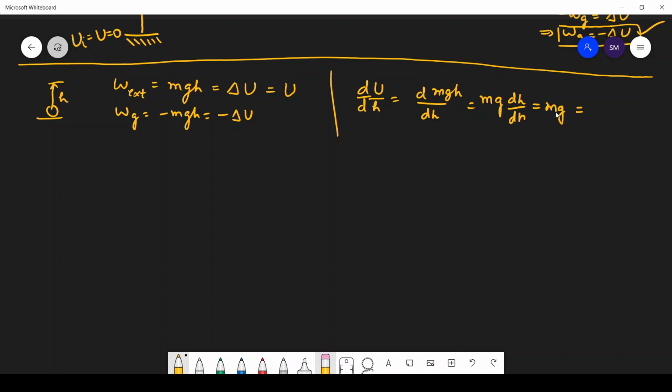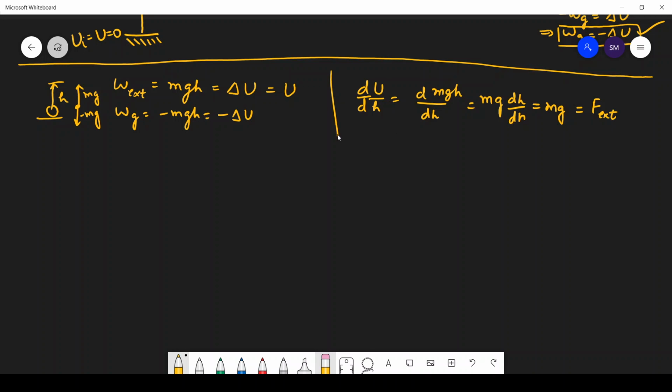What is mg equal to, students? See, this is minus mg and this is mg. So this is the external force and this minus mg is the gravitational force. So this mg is your external force.